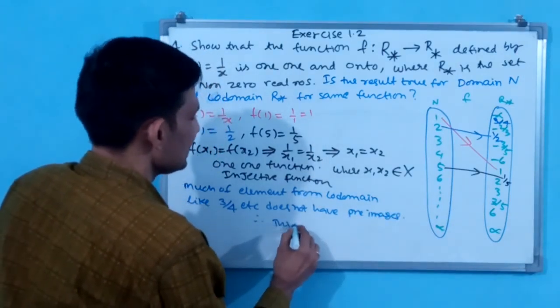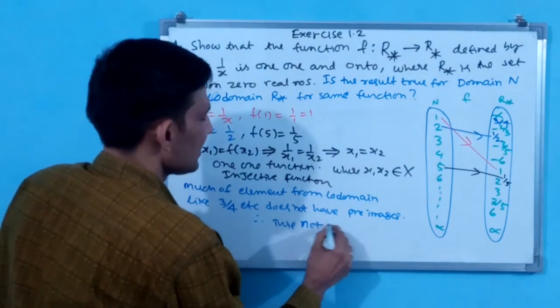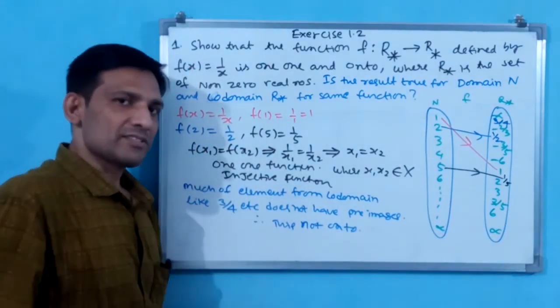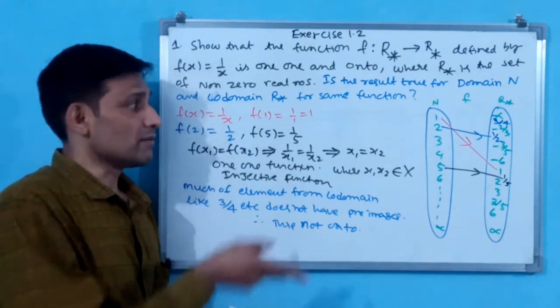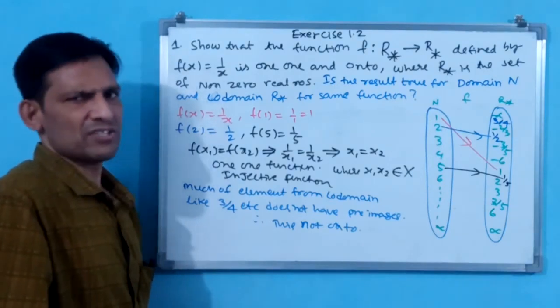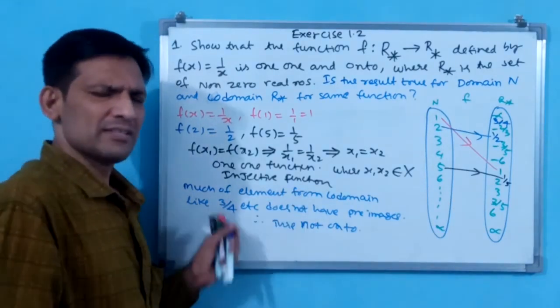Therefore, this is not onto. When it is not onto, this is not surjective. When injective and surjective both come, then only bijective. This is not bijective. You can write or you don't write, that is okay.